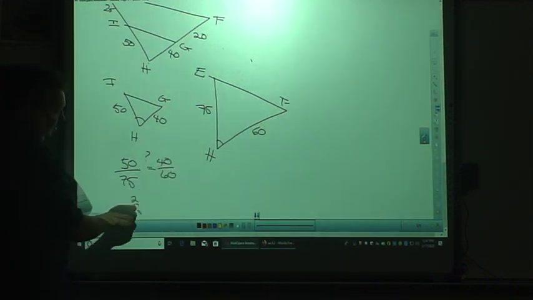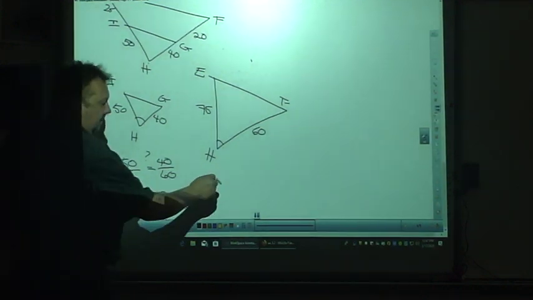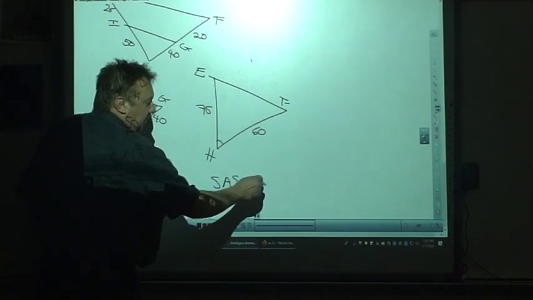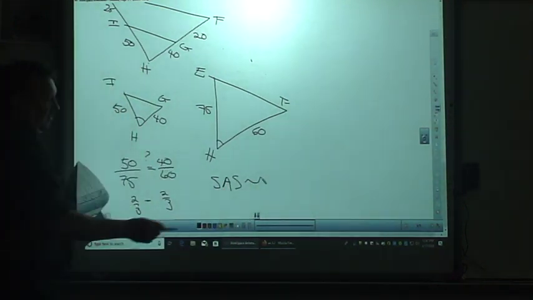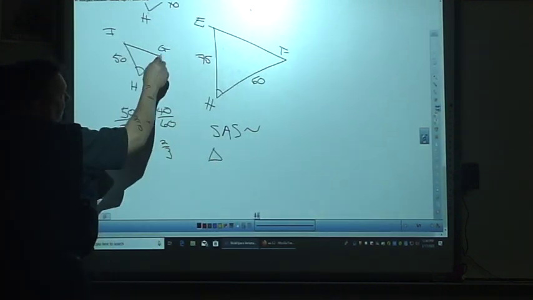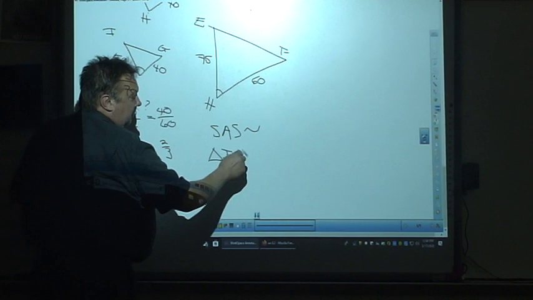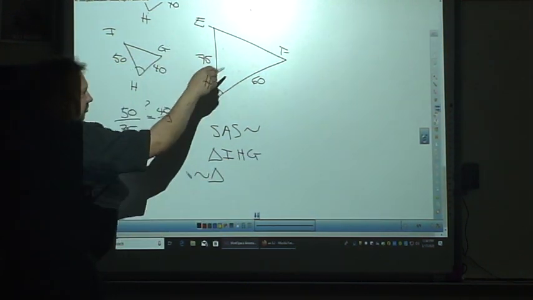They're both equal to 2/3. So we have side angle side similarity. And to line up our parts, we're going to take IHG and make that similar to EHF.